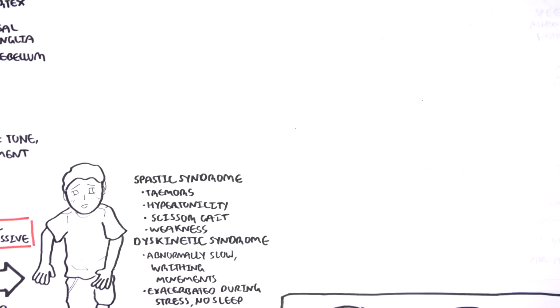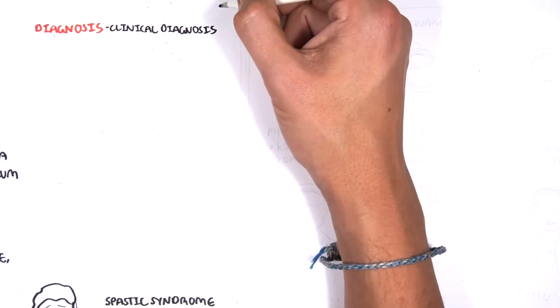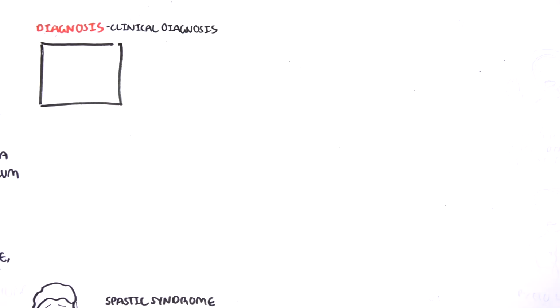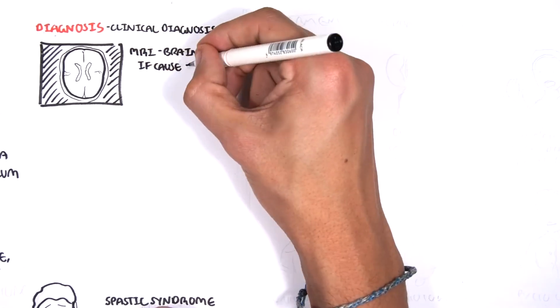The diagnosis of cerebral palsy is clinical. However, an MRI of the brain can be performed if the cause of the signs and symptoms is unknown.